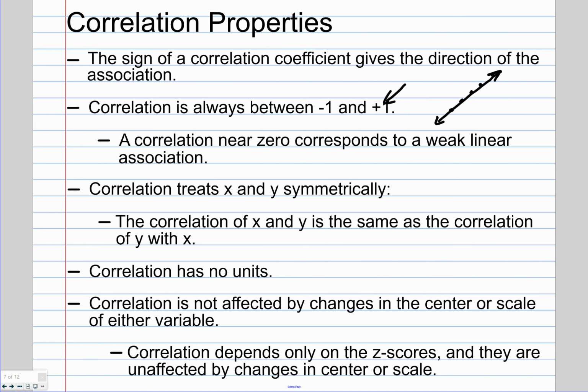There are no units for the correlation coefficient. There are no units. Wasn't that a rule for like the farm? No. That's that the variables have units. But the correlation coefficient, which I calculate, is a statistic that has no units. And what you might be thinking is, that sounds a lot like standardized z-scores.